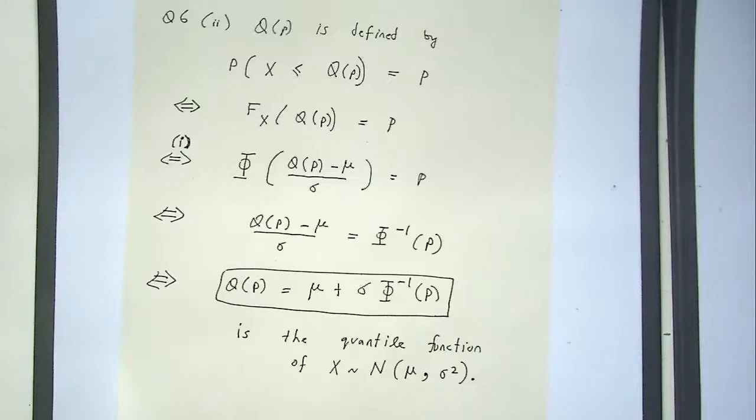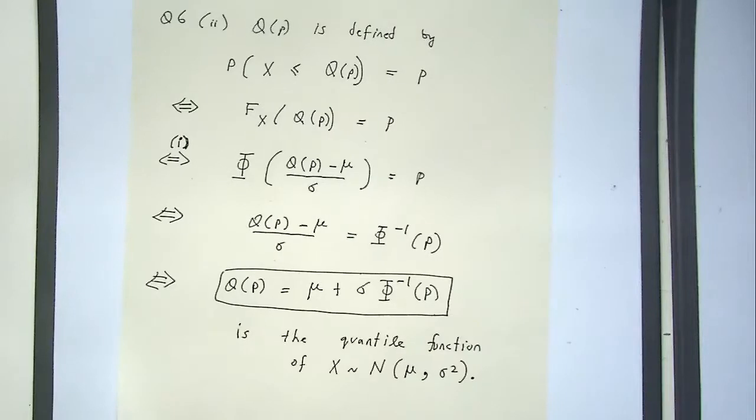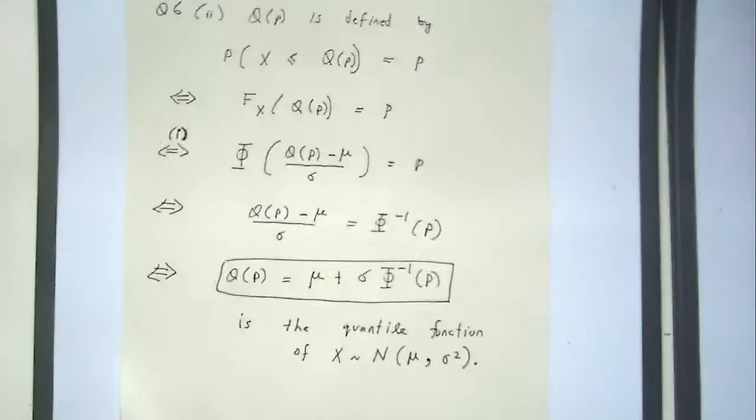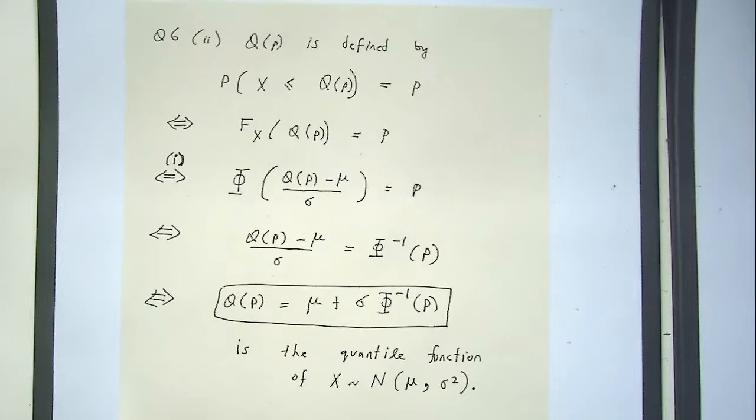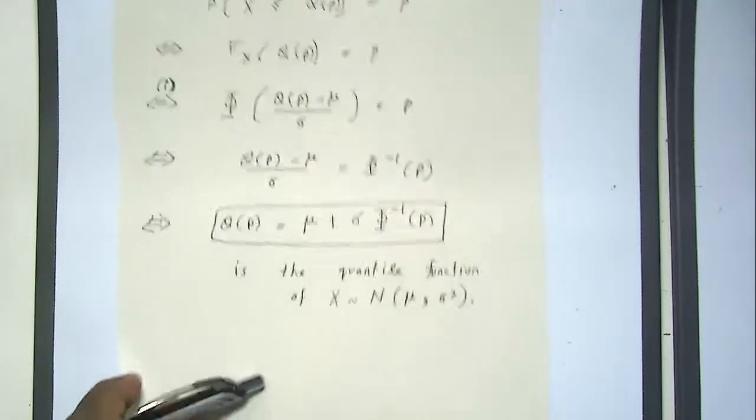Is that clear, guys? Okay. Now, part 2 is also asking you to find the formula for the IQR. Do you guys remember the IQR, or the interquartile range? There's no need to take photos, guys.